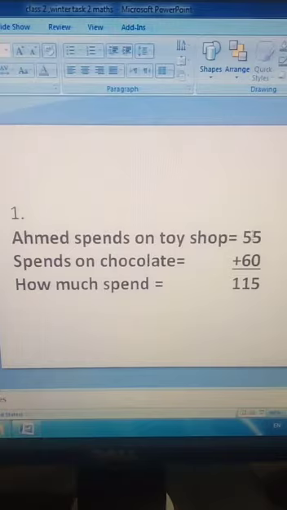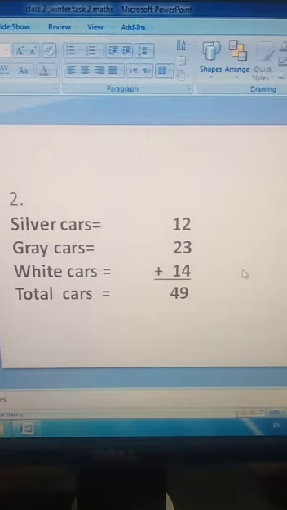So we will add 55 rupees which he spent on the toy shop and 60 rupees for chocolate. So we will add 5 plus 0, this is 5, and 5 plus 6 will be 11. So it means his total spending amount is 115 rupees.